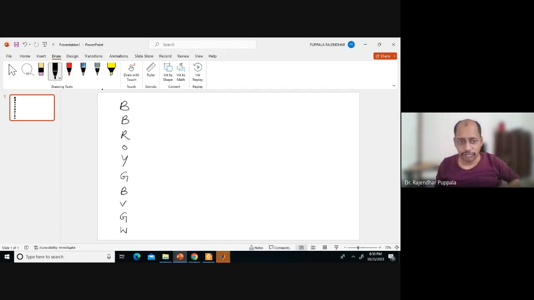So this is the formula to remember the color coding, sir. BB Roy, BB Roy, Great Britain, having very good wife. BB Roy, Great Britain, having very good wife.